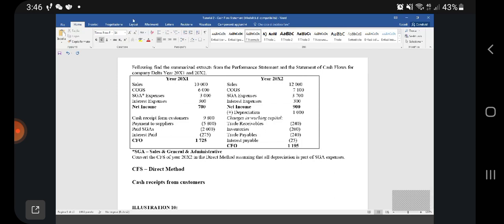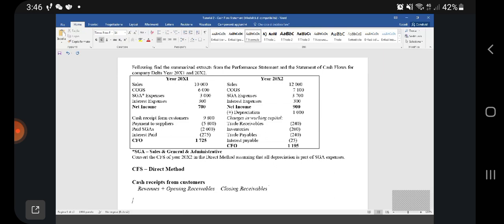Cash receipts from customers are equal to revenues plus receivables opening balance less closing, and you can calculate it for yourself.